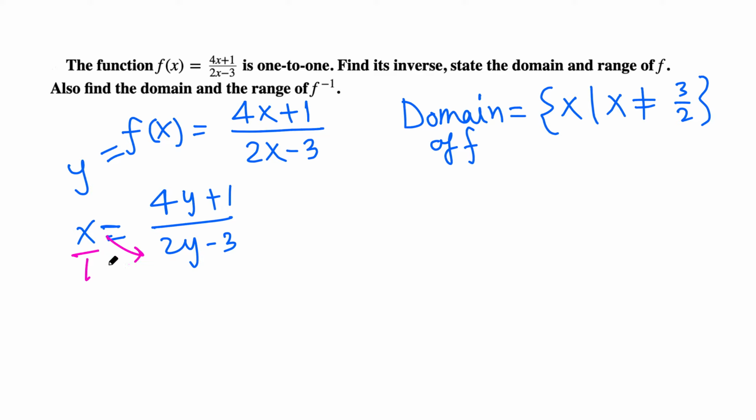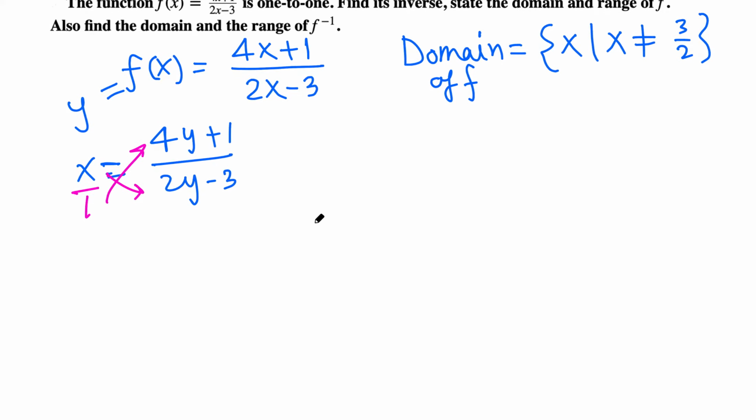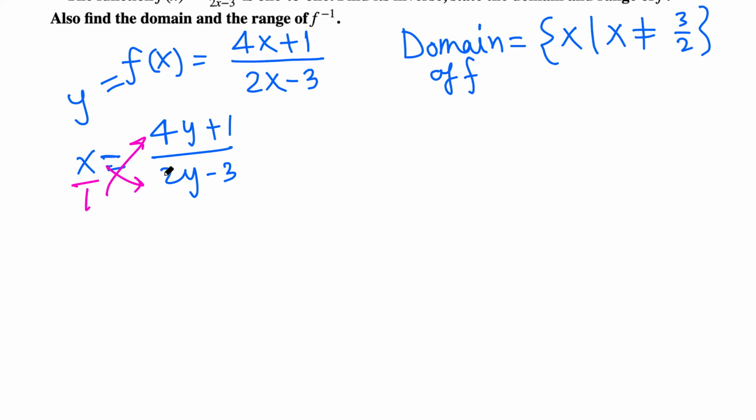So let's cross multiply and get y terms on one side and isolate y. Let's multiply x times 2y, 2xy minus 3x equals 1 times 4y plus 1. Now we want to write y terms on one side. So 2xy, 4y. Subtract 4y from both sides.